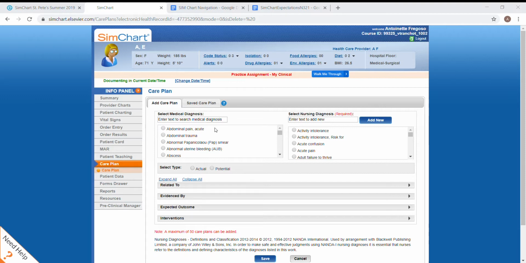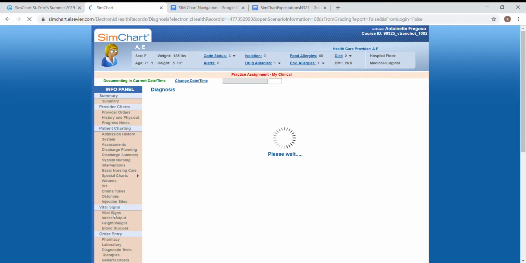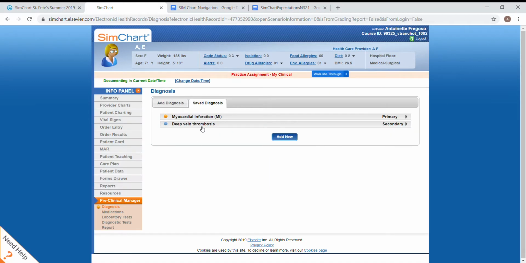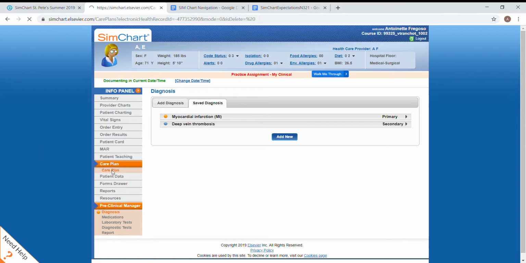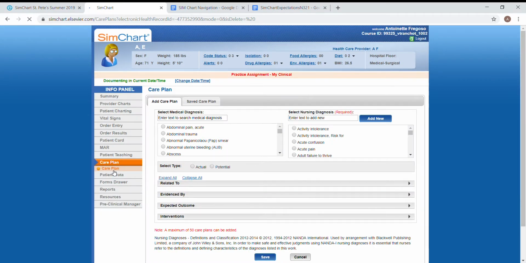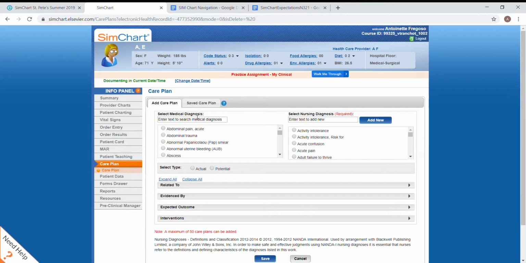The patient had a history of hypertension, cholesterol, and not sure, diabetes, but the two diagnoses that I had listed were MI and DVT. So when you do your care plan, you need to look at the whole picture of your patient, not just the diagnosis that's listed for each patient.